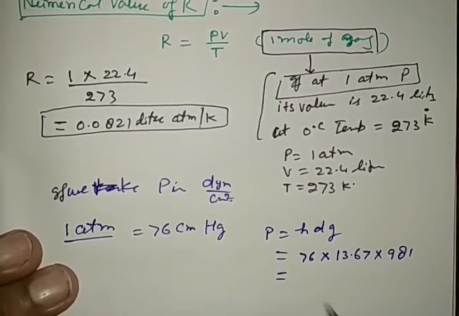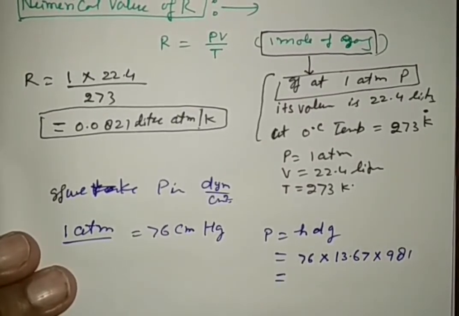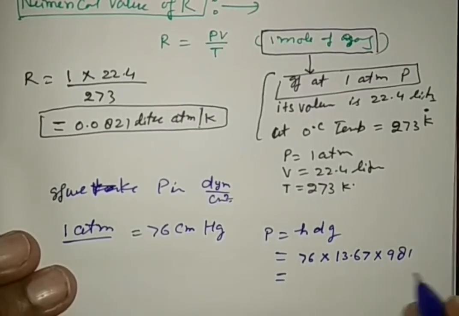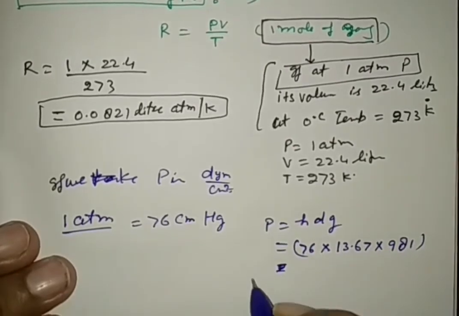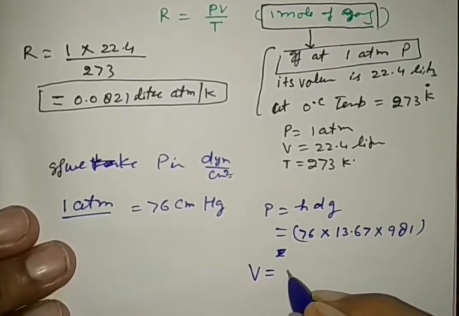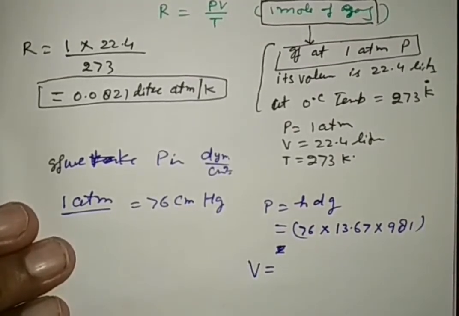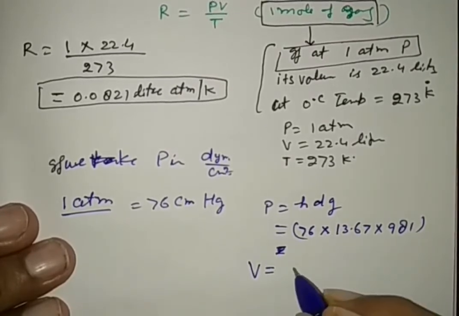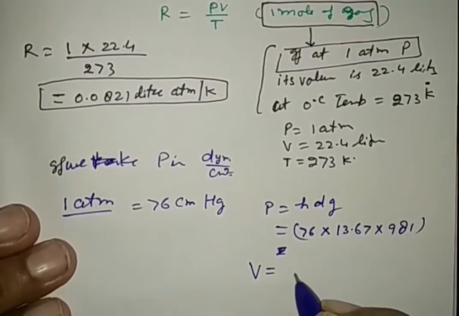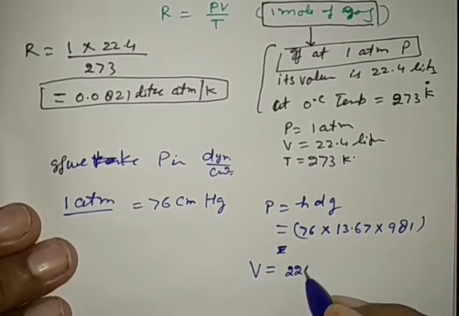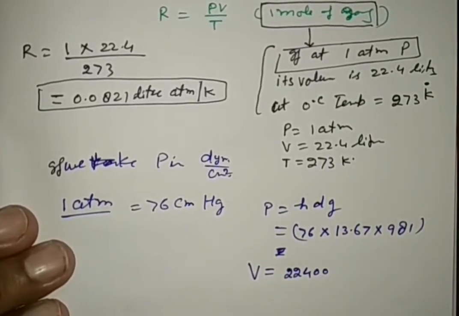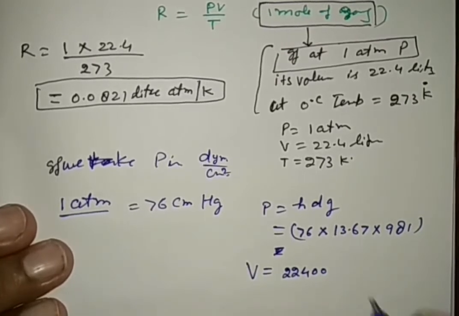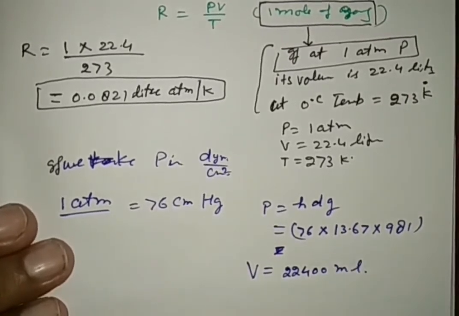Pressure can be calculated by multiplying these three values, and volume of 22.4 liter is converted by multiplying by 1000, because 1 liter is equal to 1000 ml.